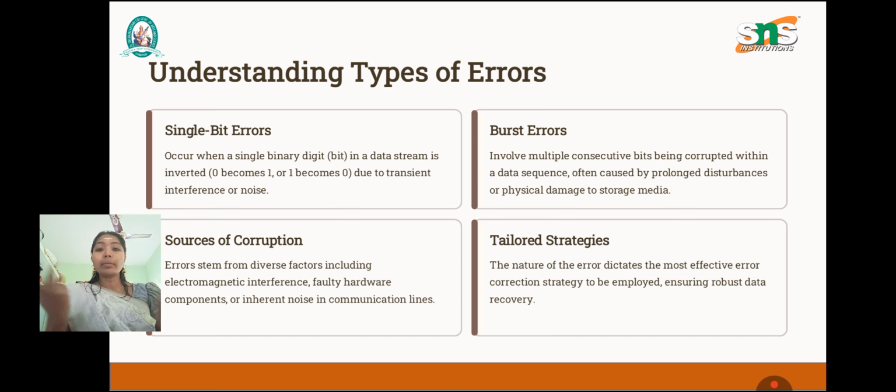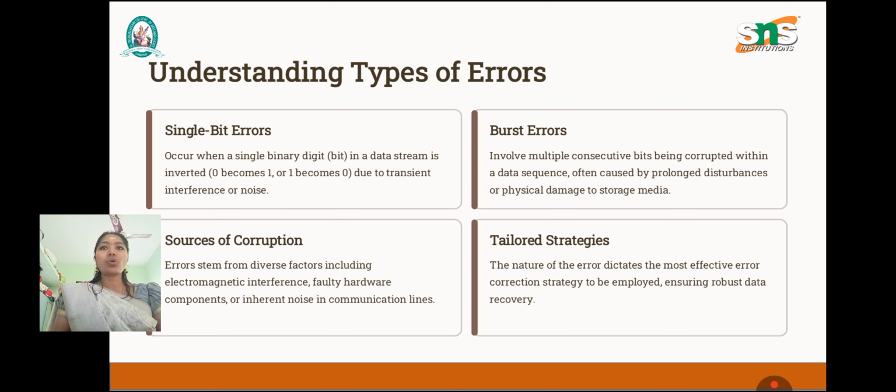Sometimes the errors are corrected automatically by reloading, or we try connecting to the net, or switching off, or doing something else so that it connects. Sometimes the network will become very slow. These are the scenarios, and the tailored strategy depends on the nature of the error, which determines the correct strategy to employ and ensures robust data recovery.